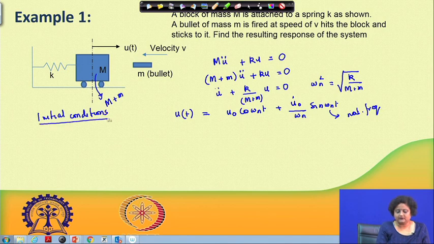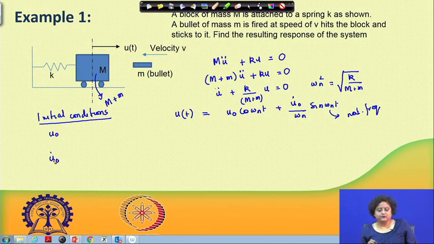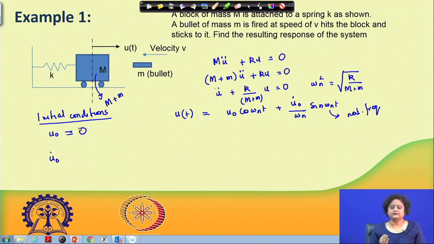So, the initial conditions u0 and u dot 0. u0 is going to be 0 because there is no initial displacement imparted to the mass M. But u dot 0 is not going to be equal to 0. So, how are we going to find u dot 0?